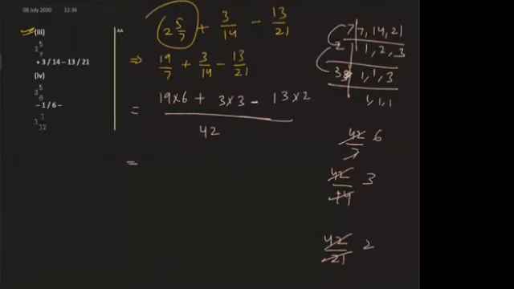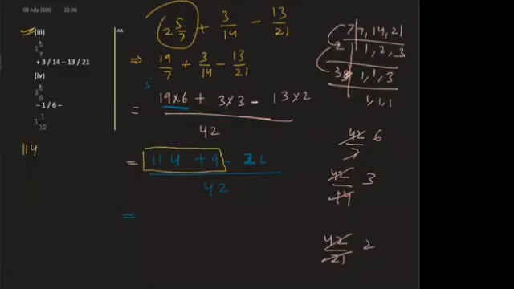Now, students, 19 into 6 is what? 6 nines are 54, 4, 5 carry, 6 ones are 6 plus 5, 11. Plus 3 threes are 9, minus 13 twos are 26 upon 42. Now, add these two numbers and then subtract 26 from them.